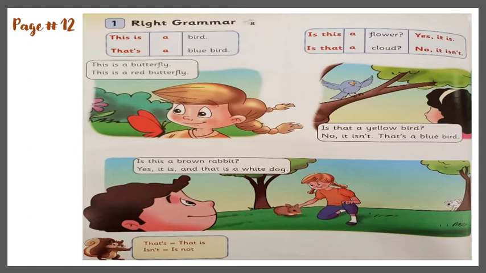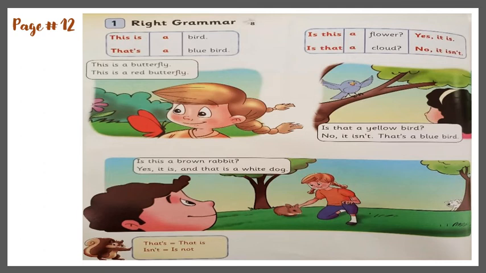Okay, in the bottom you can see that comma s. You can write it in both forms, that is and is not. When you point out something which is nearby, we will use this is, and for the things that are far away from you, you will use that.